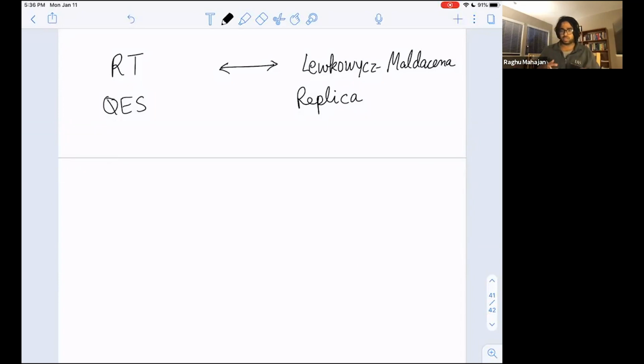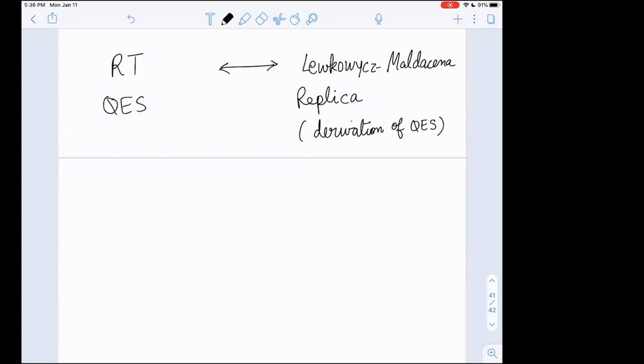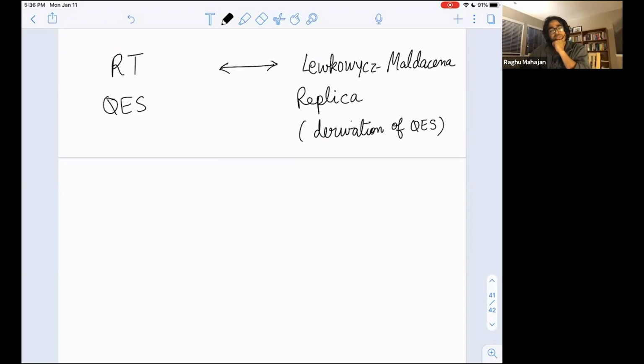That's some gravitational path integral that sets up n copies of the system and so on and so forth. So that's a derivation of the QES. But when we apply the RT formula, we don't always go to Lewkowycz-Maldacena, try to find the saddle points and then analytically continue. All that is contained in the basic formula of entropy that we have. Okay. Yeah. Thanks.